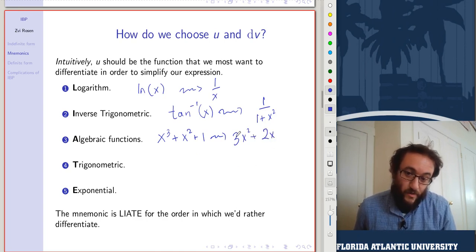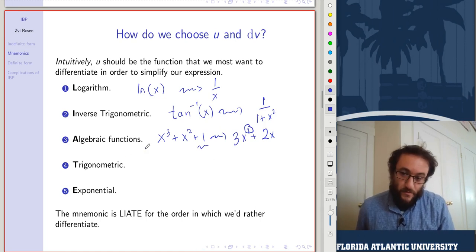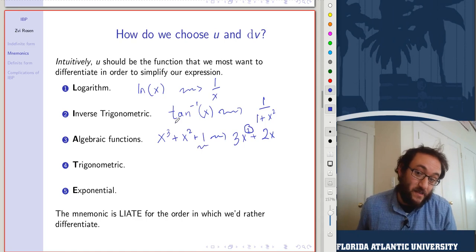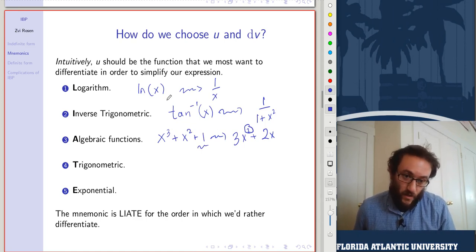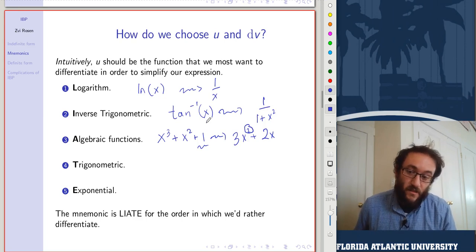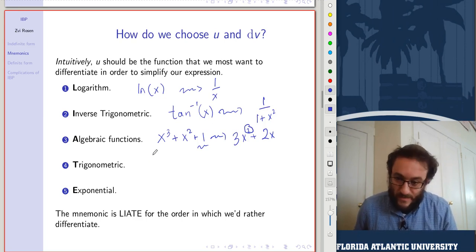Right now, the highest degree that appears is strictly lower, and one of the terms vanished altogether. So for this reason, it's simplified. It doesn't simplify as drastically as log to 1 over x or arctangent to 1 over 1 plus x squared, but it still gets simpler, which is nice.